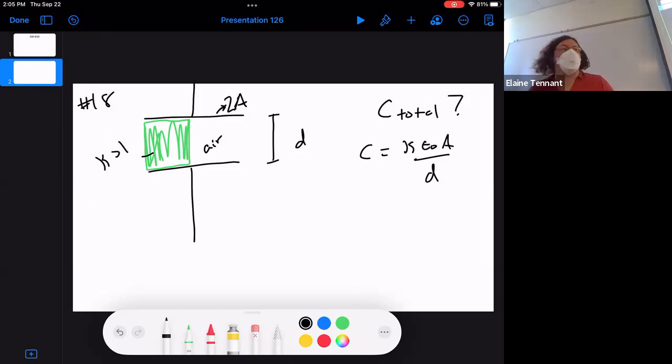Okay, but how are we going to deal with this kappa? Because half of the kappa is air, which, by the way, has a kappa of 1. And the other half has some other kappa. So how should we deal with that? Split it in half. I like that, because these are really like two capacitors.